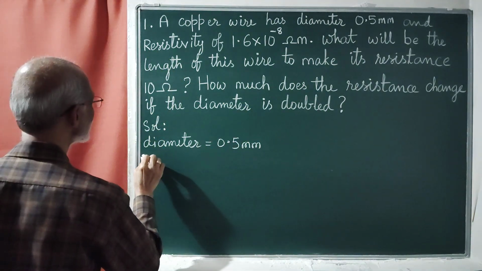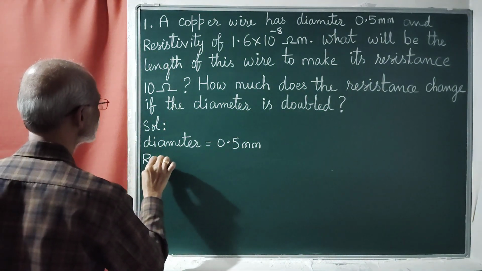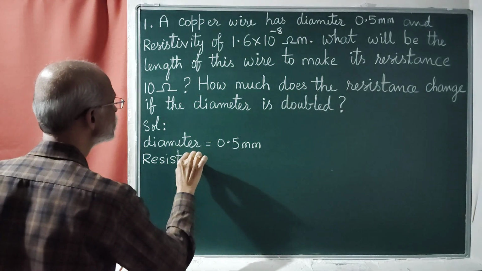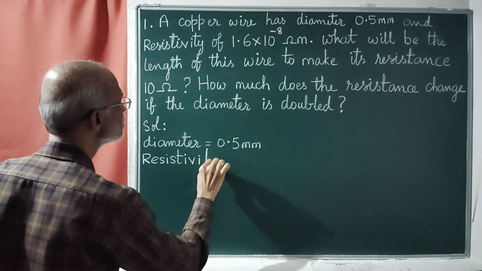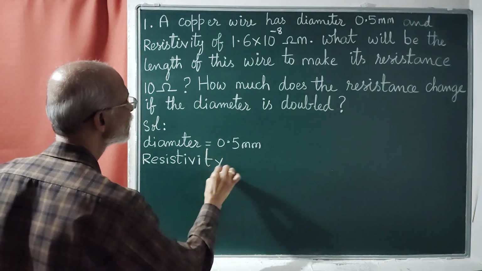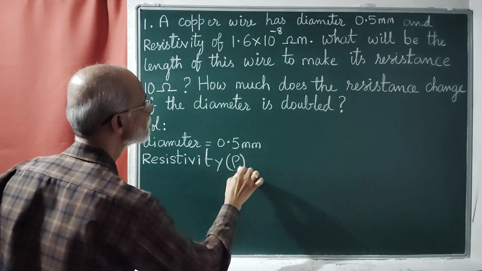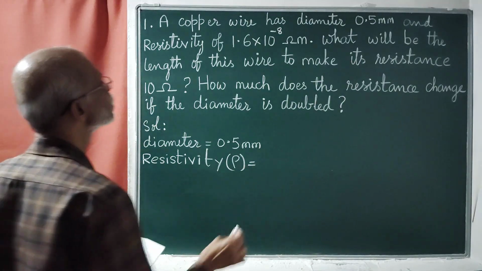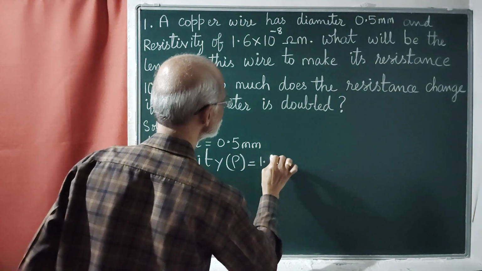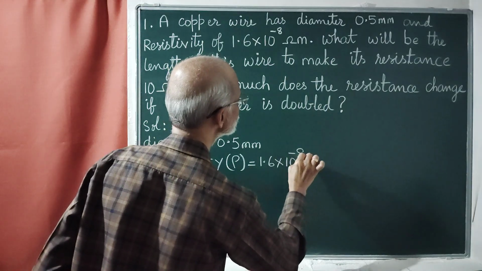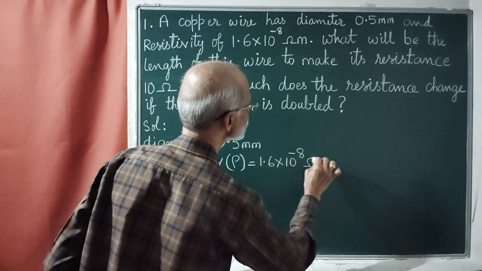Then they have given the resistivity, that is rho, equal to 1.6 into 10 to the power of minus 8 ohm meters.